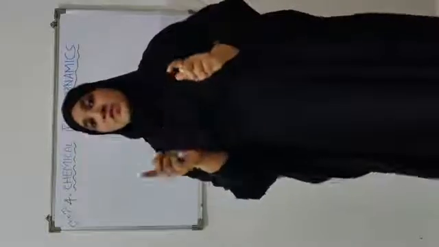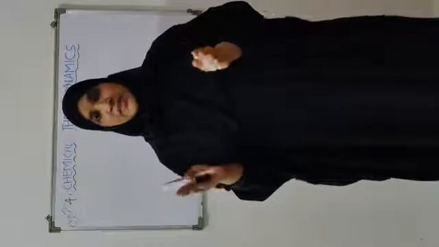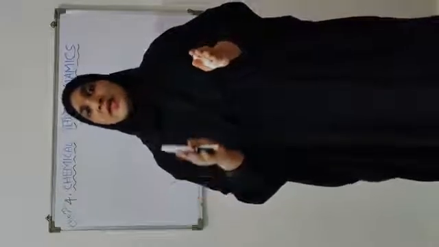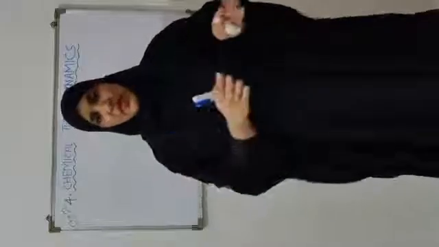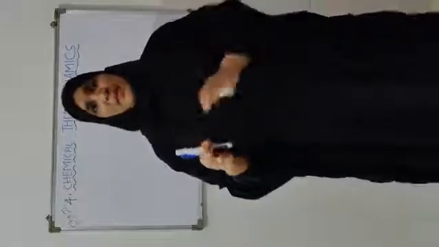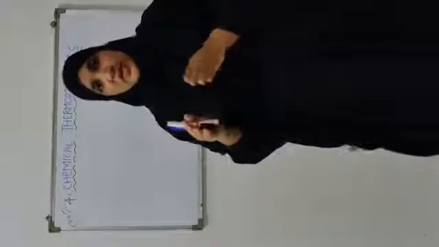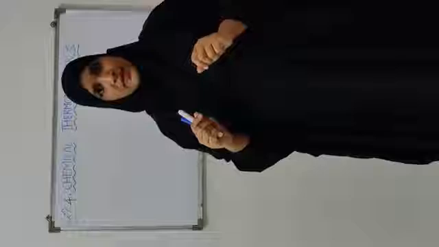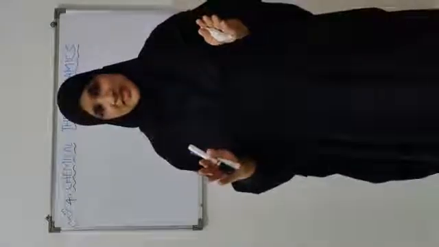So you will not observe a change in the physical form of that particular system. But what you will observe is that the chemical composition of the system has changed. Before it was acid and base, but after the reaction you will get a salt and water solution. So this is what a chemical process is.